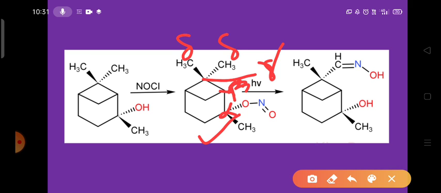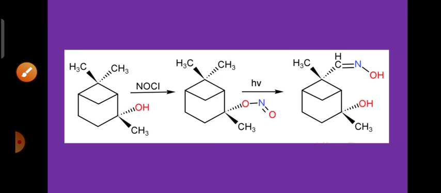So two methyl groups are the delta methyl groups. Now we will get a doubt on which methyl group the nitroso group has to be substituted. But here we have to remember that the Barton reaction takes place through a six-membered transition state. So for that to occur, the nitroso group and the delta carbon should lie in the same plane.